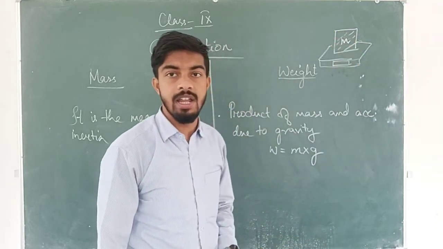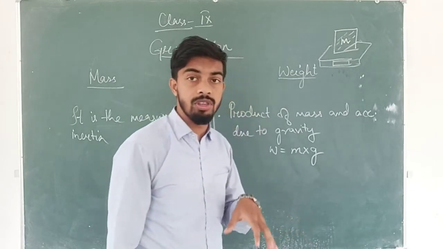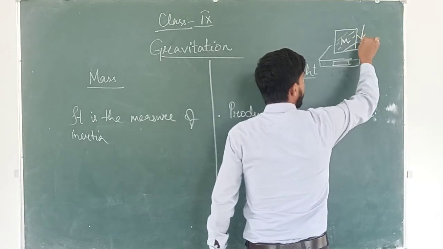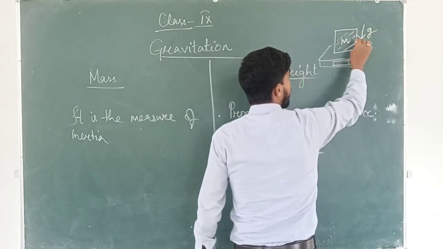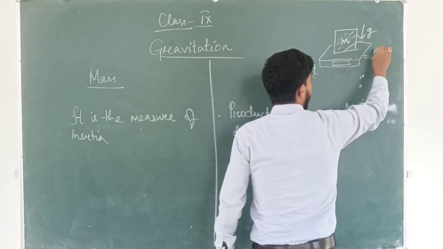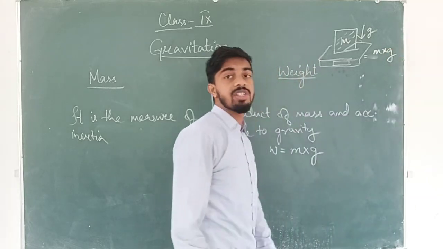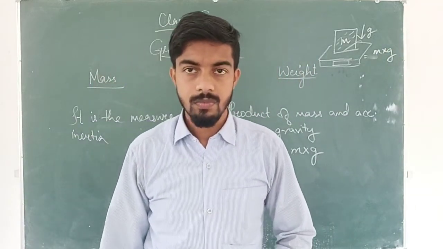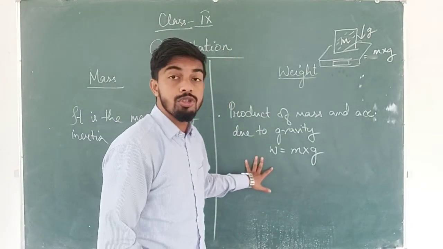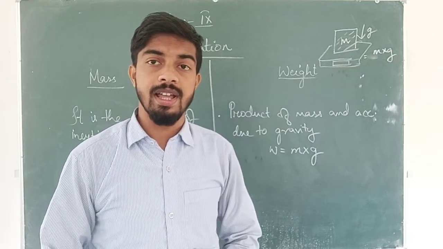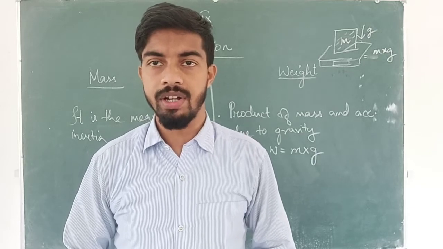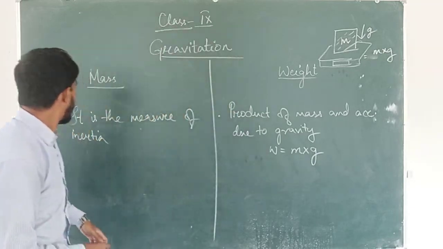Any object will have a certain mass, and since the object is on the earth, the gravity is acting on it downwards. Finally we get the product of mass and gravity, which is termed as weight. So weight can also be expressed as the force acting on an object due to the Earth's gravity.